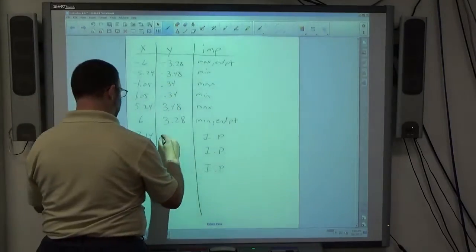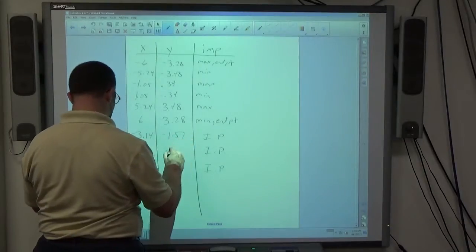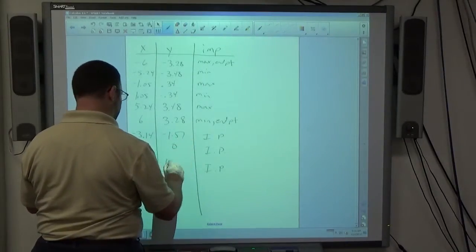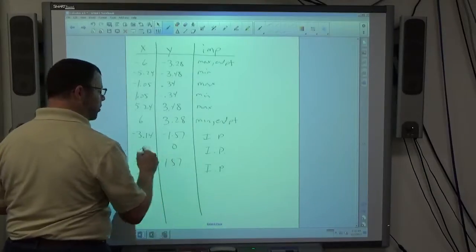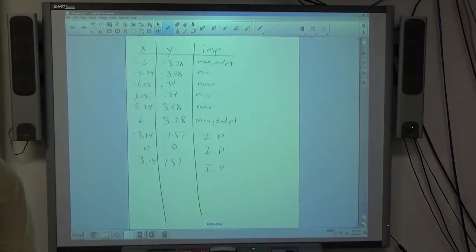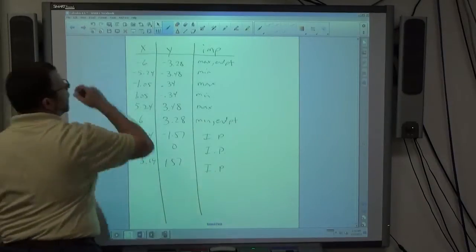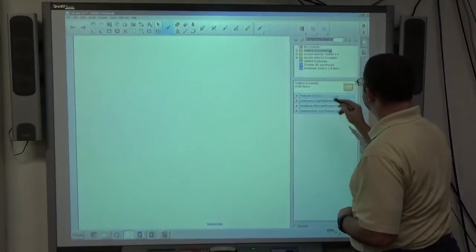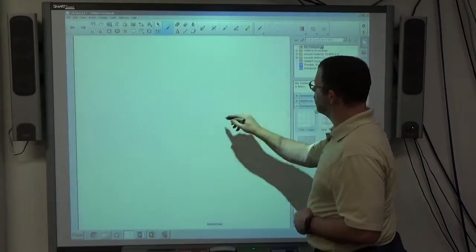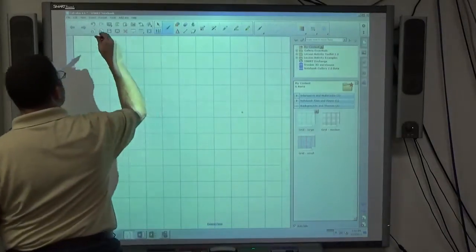For -3.14, we get -1.57, 0 is 0, and 3.14 is 1.57. So I just got a whole bunch of points. The values range from -3.5-ish to positive 3.5-ish, so not ridiculously large. I could probably handle maybe a half scale on the y-axis, and one scale on the x-axis would be sufficient. So if I get some graph paper out and do that, let's see.